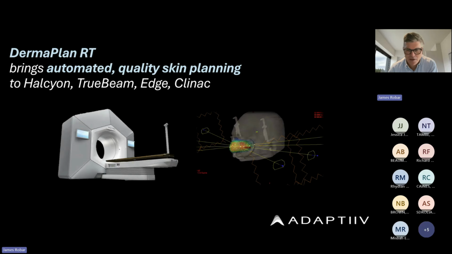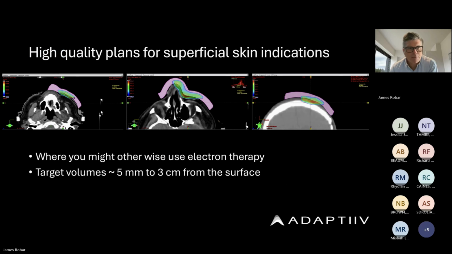And somebody there said, wouldn't it be great if we had an automated planning tool for Halcyon? So that was the impetus for the initial development of this, although we realized that this could be really useful for every platform providing megavoltage photons, so also TrueBeam, Edge, Clinac, and so on.